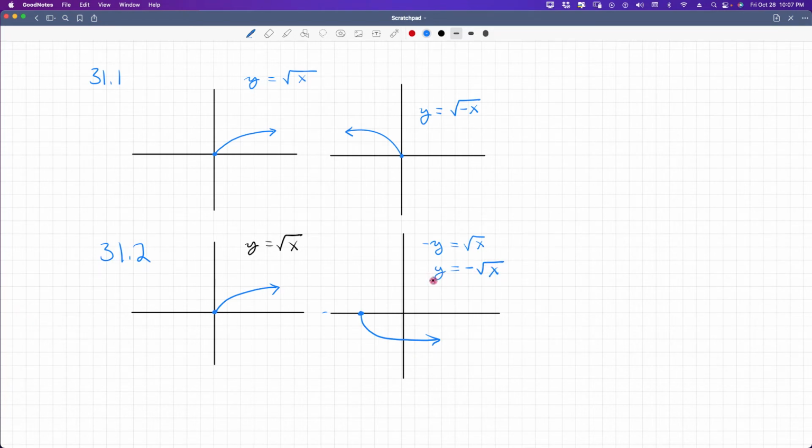We're not done, okay? We still have a translation here. And the translation happened on the x-axis. So what we've got to do is we've got to account for that shift in location. So 1, 2, 3, that's to the left. So that means we're going to add. So adding the translation would be y is equal to negative square root of x plus 3.